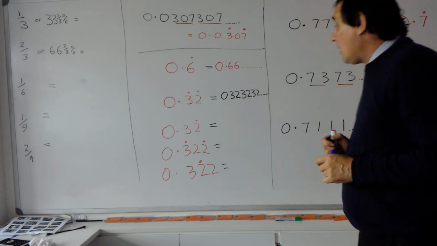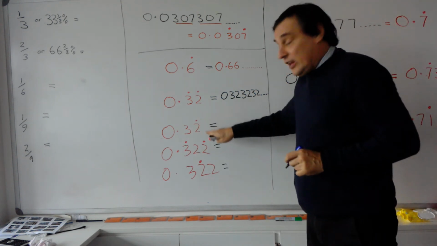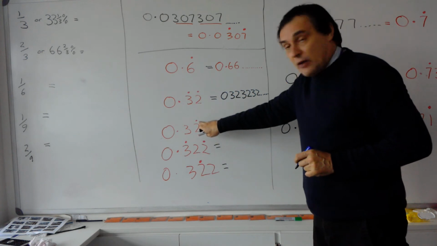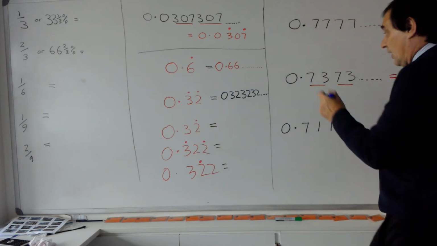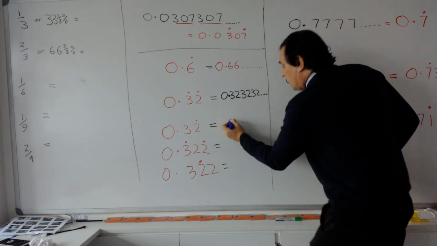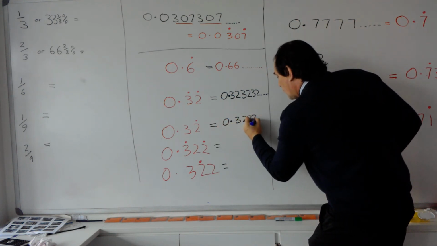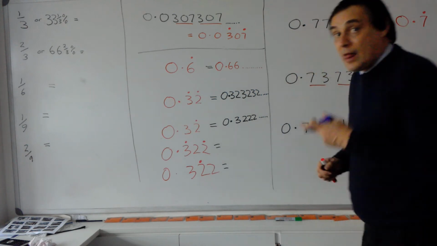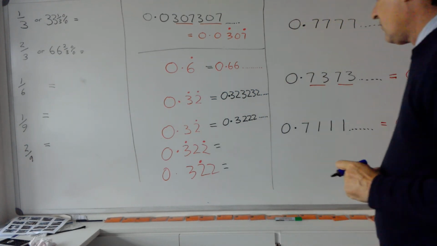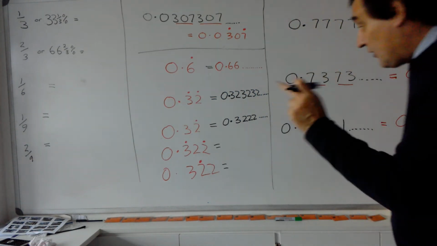Okay? Now 0.3. The difference between these two is you've only got a dot above the 2 this time. So that's going to be 0.3222, and it's just the 2s that will carry on, indicated by the single dot. Very similar. Let's now look at this one here.